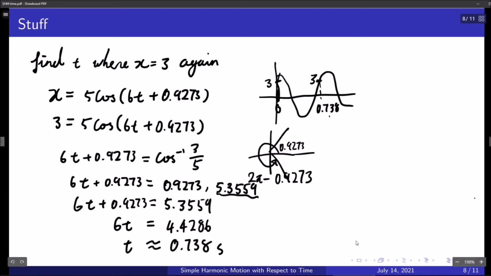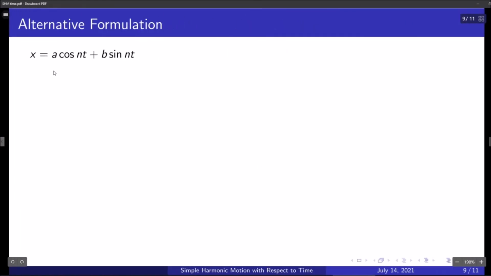Next, we're going to look at an alternative expression of simple harmonic motion, something in this form. If you really think about it, it's exactly the same thing, just written in a slightly different format.